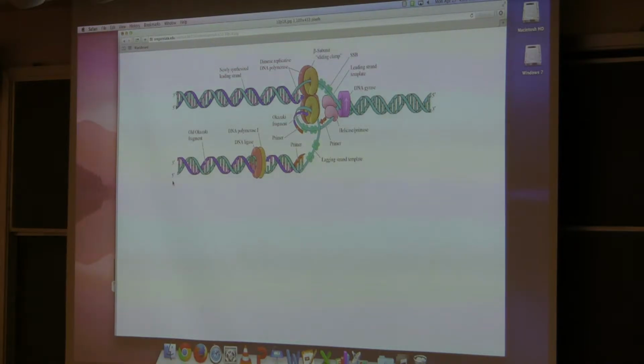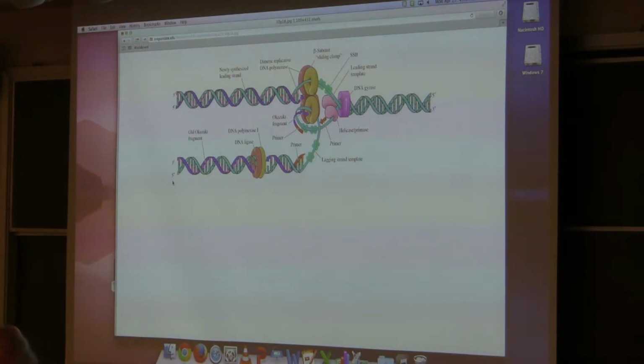Let's talk about the top strand first. The top strand is the easy one to understand. The top strand is what we call the leading strand. The leading strand of DNA replication is a continuous strand. If I start over here, you see the 5' end, and you follow the purple as one continuous piece, and there's the 3' end right there.